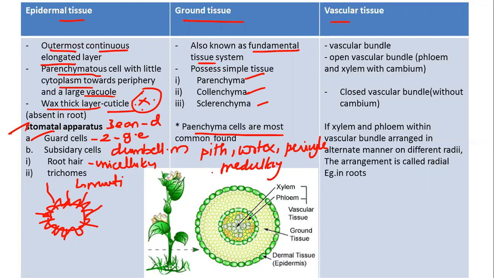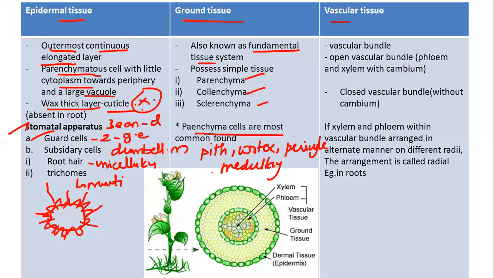As well as medullary rays and primary stem and roots, almost everything is mostly made of parenchyma cells, because parenchyma cells have intercellular spaces, and they help in storage of food and also in photosynthesis. So most of the time parenchyma is present in almost all places, right?